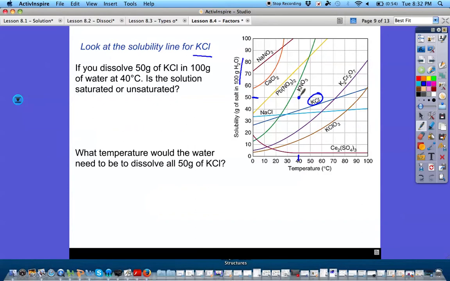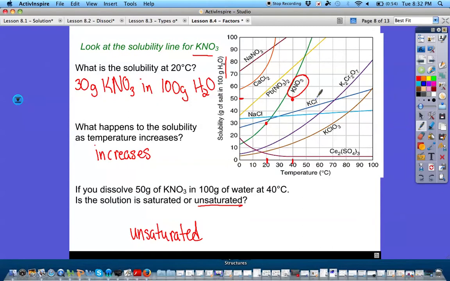Well, this point is above the line for potassium chloride. Back here, the point was below the line. So this is the general rule of thumb: if the point is under the line, it is going to be unsaturated.